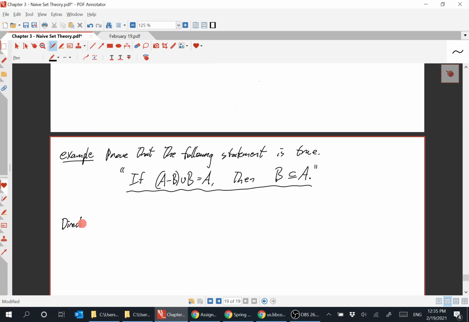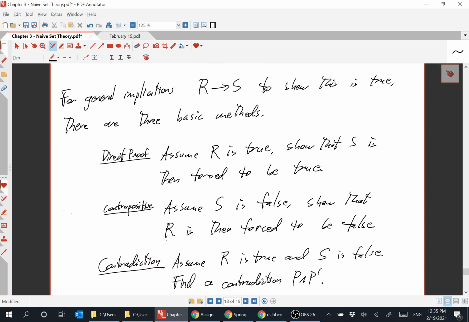Here's a direct proof. The direct proof, assume the hypothesis is true. So what do we assume is true? What is the first sentence of my direct proof? Right, direct proof. We're trying to show that if R then S, or R implies S, is true. So assume R is true, show that S is true.